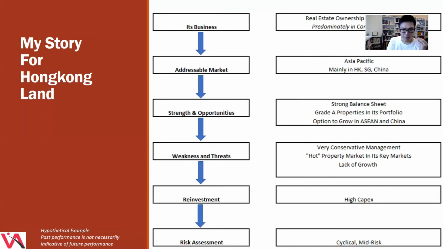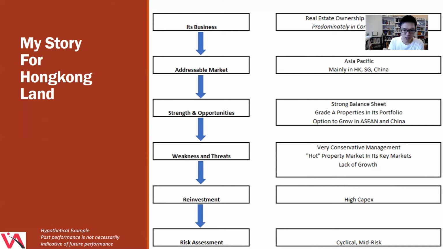And because of its conservative management, a huge part of value is stuck in its real estate ownership. And that is a plus point, that we can use asset value to value them. And secondly, another threat is at this point of time, the property market in key markets such as Singapore or Hong Kong or China, just around ASEAN, is considered quite toppish.